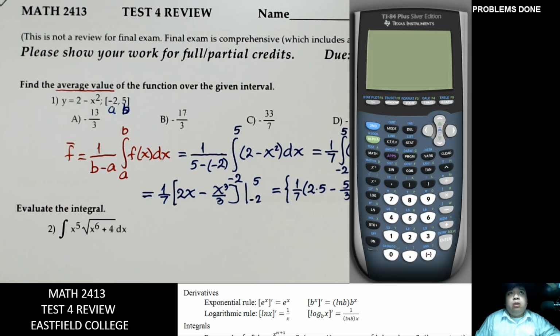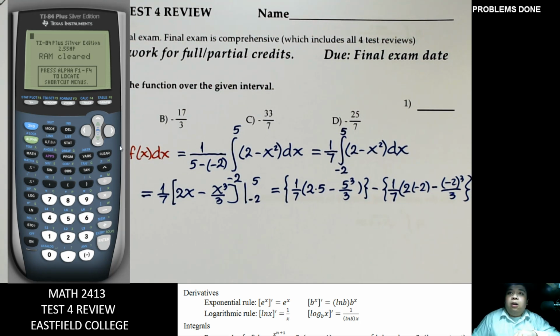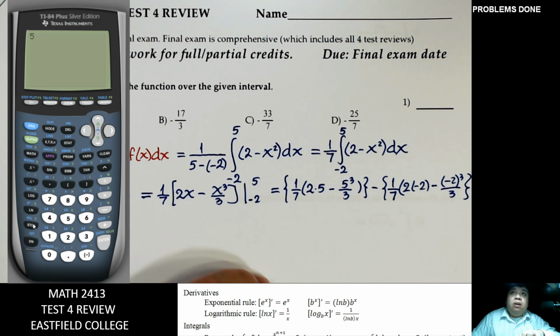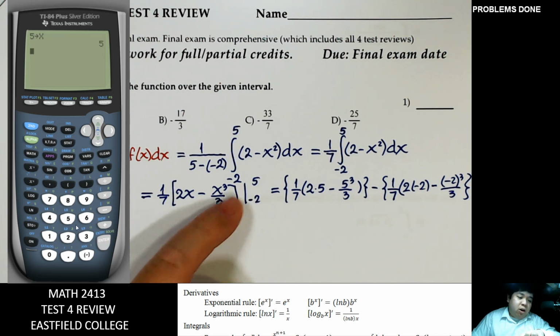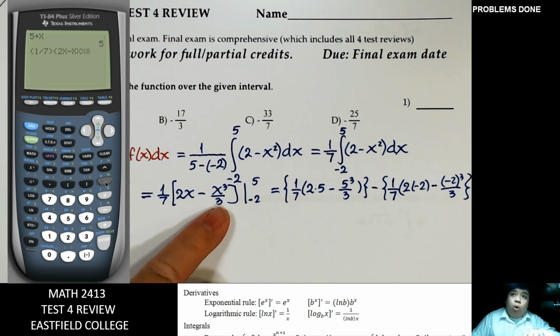Right, let's move that over here. So we have 1 over 7 times, since we're going to put 5 and -2 in it, it's better to just store 5 into x, and then we'll just enter the function, pretty much this: 1 over 7 times 2x minus x cubed over 3.